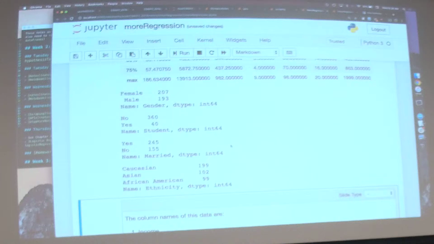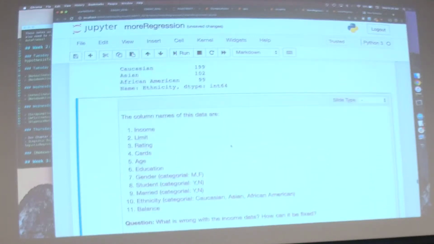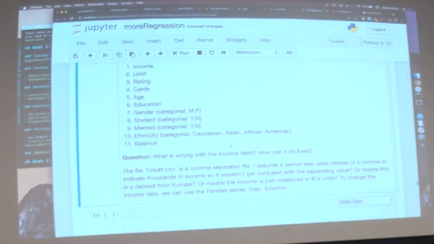So this just gives us a sense of what our data looks like, right? And now we can get ready to start exploring our data.